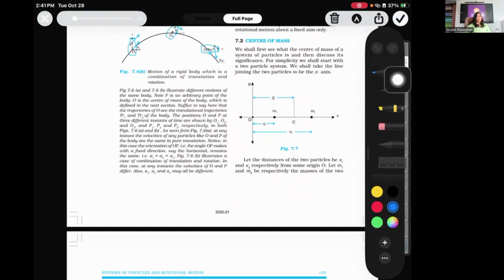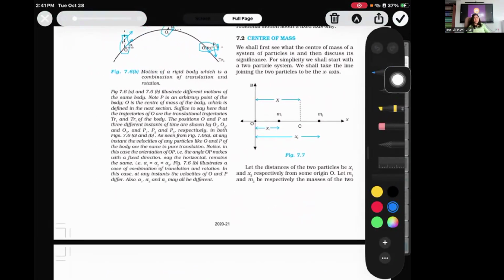Okay. So here in your CBSE book, in your NCERT book, it is given as the center of mass for a two-particle system in 1D. Along the x-axis means it is one-dimensional. I will explain about 2D also.